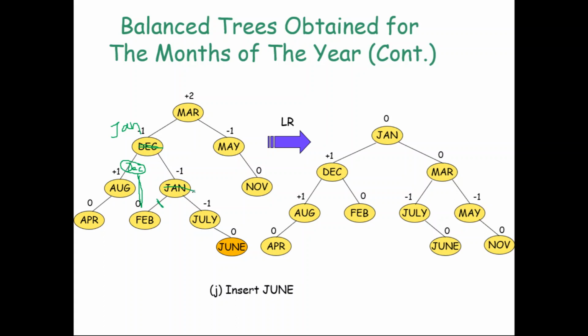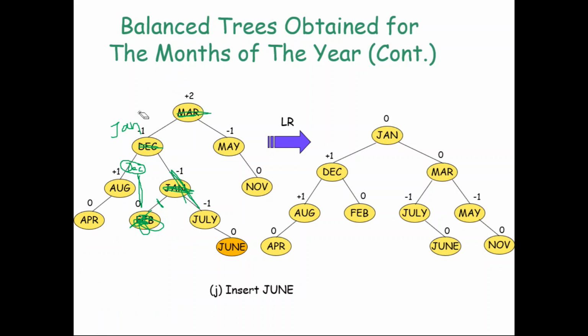Jan is moved here. Okay, so Jan's right child is July now. This is not there. Okay, fine. This is left rotation. Now when you perform right rotation, Jan will come here. This will become Jan. Okay.